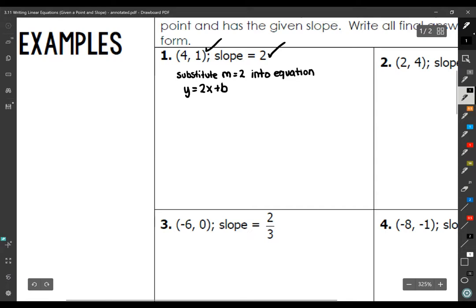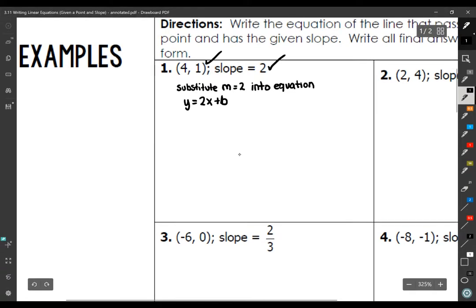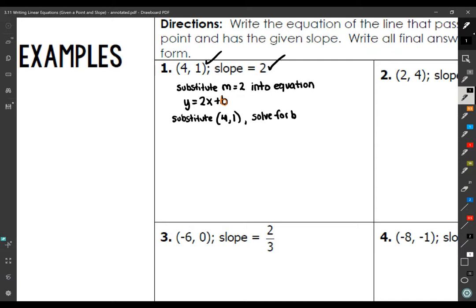Now remember, we are missing b. We don't have the equation until we're able to determine what this b is. So we have to solve for b. So what we're going to do is we're going to substitute in the point 4, 1, and then use that to solve for b, okay?